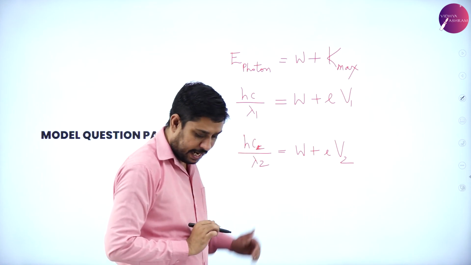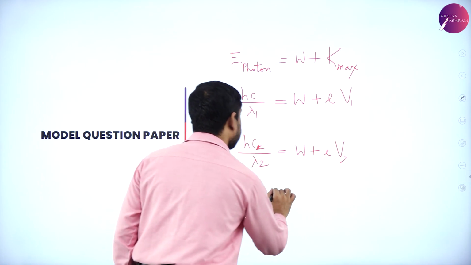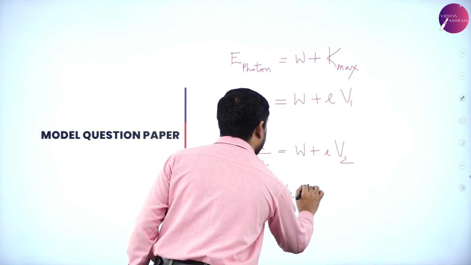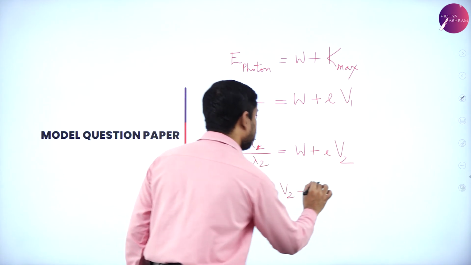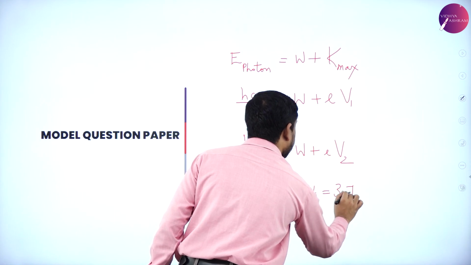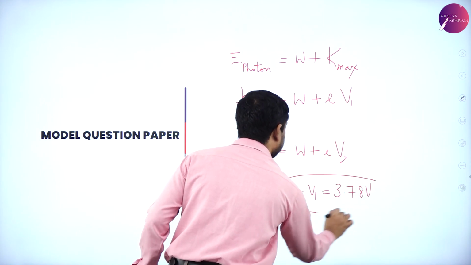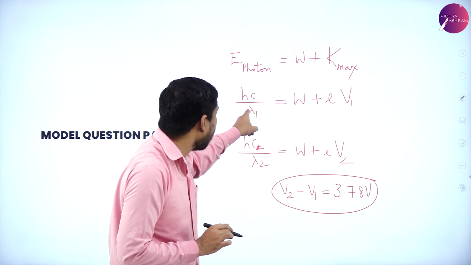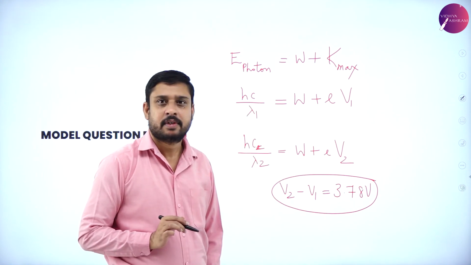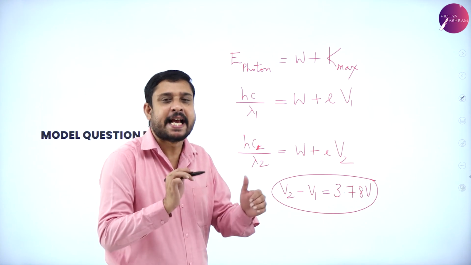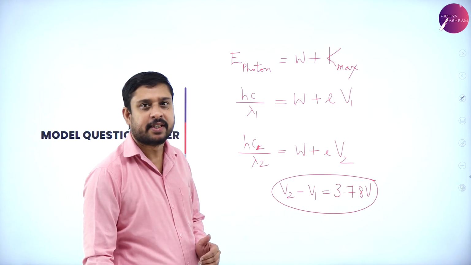When you subtract this, the change in stopping potential will be equal to 3.78 volts. Just substitute for lambda 1 and lambda 2, subtract, substitute for h and c, and you arrive at the answer.